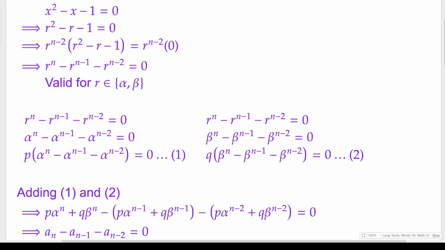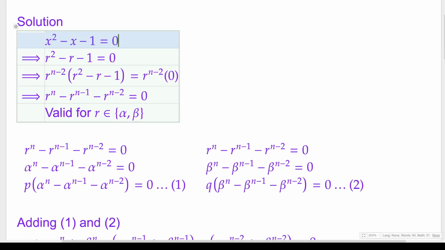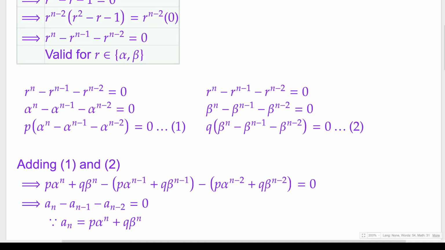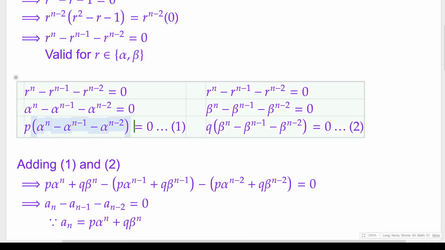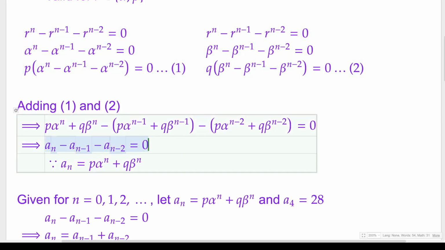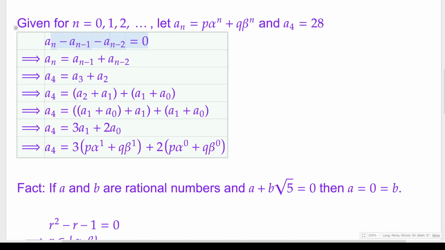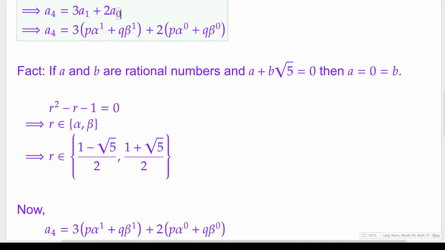So you can observe that we have taken the equation, and then we have checked for the validity, and finally after the manipulation, after substitution of this alpha and beta, we arrived at this particular equation, right? On solving this equation further, I got the relation of a subscript of 4 with a subscript 1 and a subscript of 0.